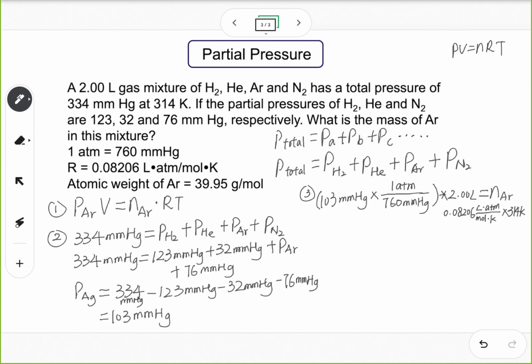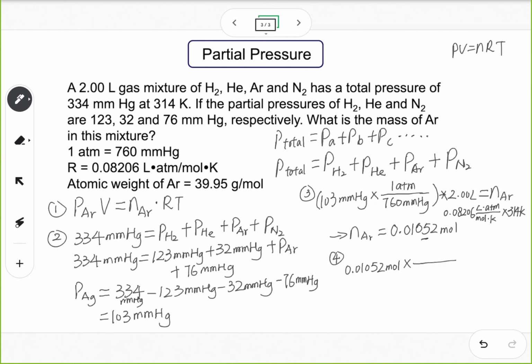If you do the calculation here, it will tell you that N argon is 0.01052 mole, 3 significant figures. I think you can handle the calculation here, just be careful. Now we know the mole number, so let's convert that to mass. Step 4: 0.01052 mole.